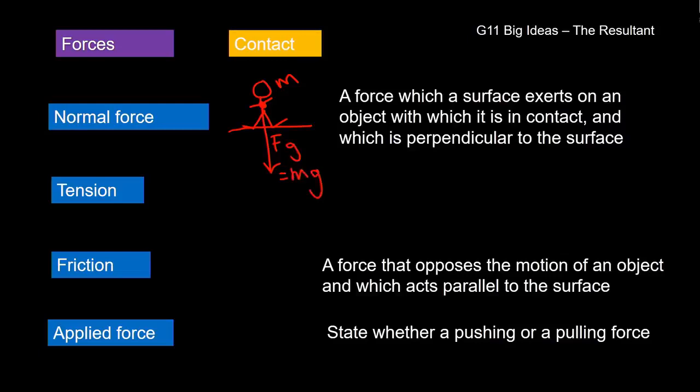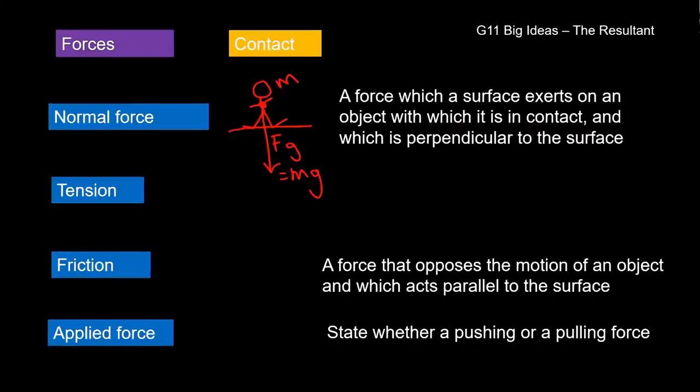Now, that person would exert a force on the ground, which is the same as the gravitational force. The ground then exerts a force back onto that person. So let's read the definition of a normal force. A force with a surface exerts, let me read that again.